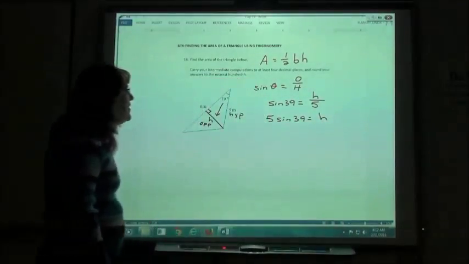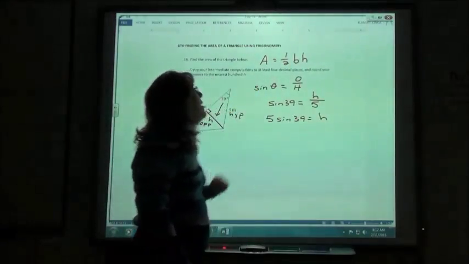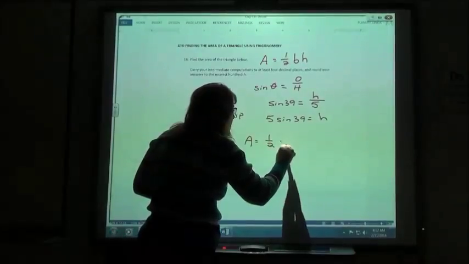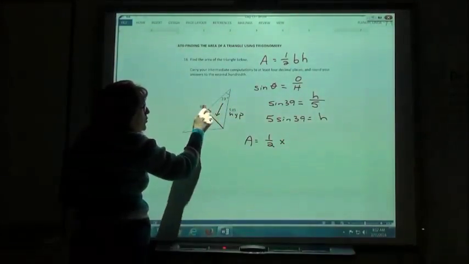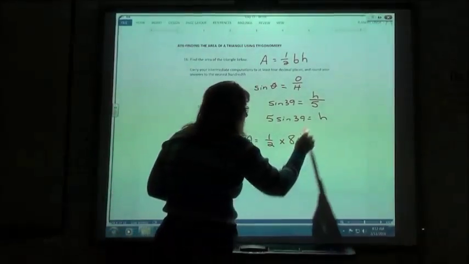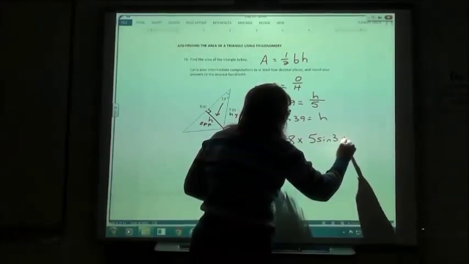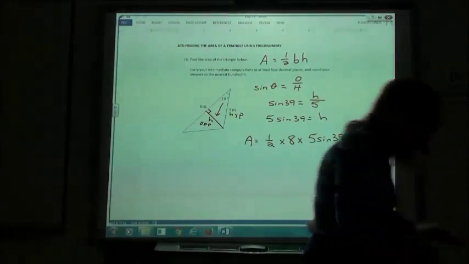I'm just going to leave it like that. I'm not going to calculate it yet. I'm just going to throw it into my formula for area. So area is equal to 1/2 times the base. The base is the one that we drew our right angle to, so that would be our 8, times our height, which we found up here, 5 sine of 39. And then I'm going to grab my calculator and punch that in.